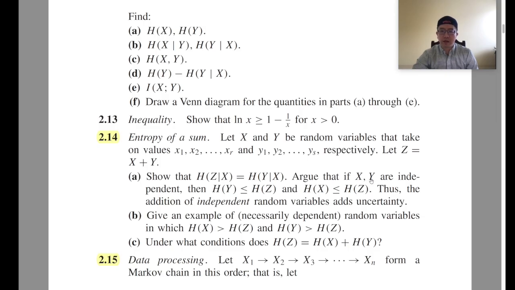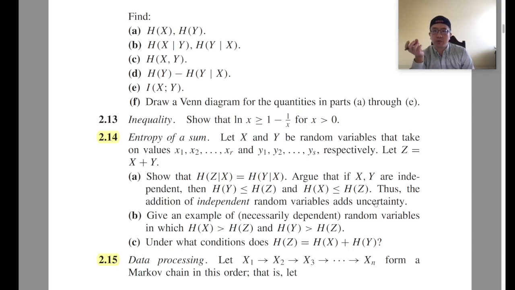Argue that if x and y are independent, then hy is less than or equal to hz, and hx is less than or equal to hz. Both of them would be less than or equal to hz if they're independent, that's the addition of independent random variables adding uncertainty. Okay, that's pretty interesting. So this can be somehow understood intuitively, right?